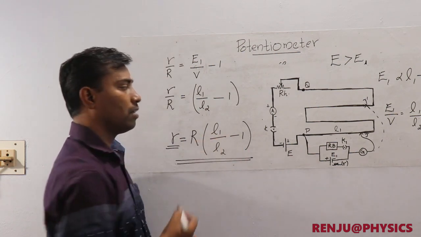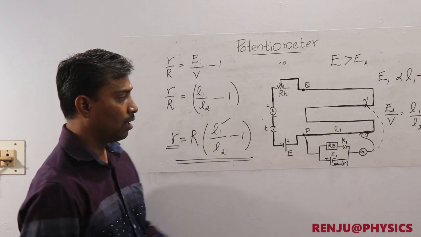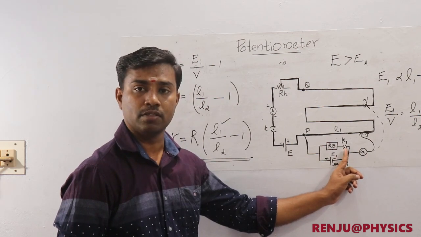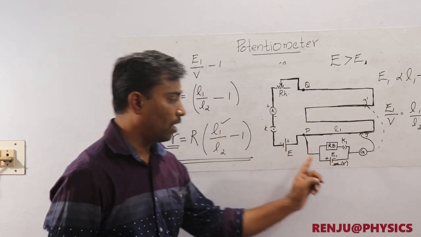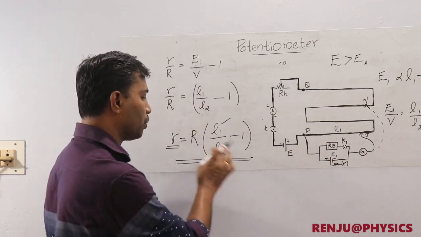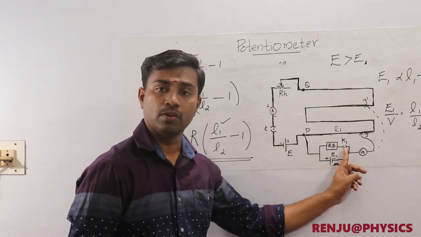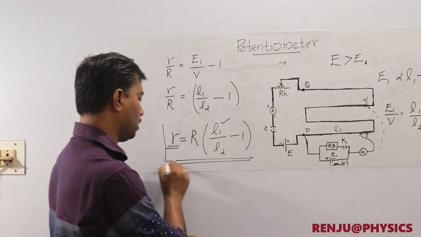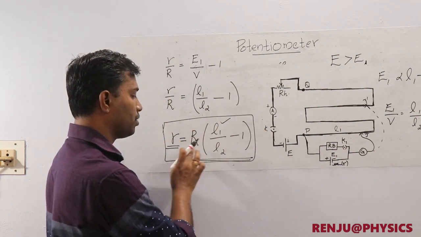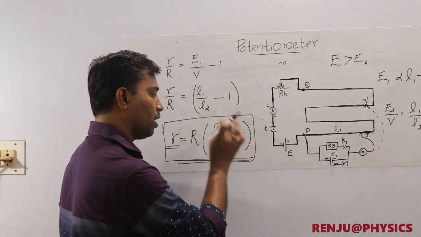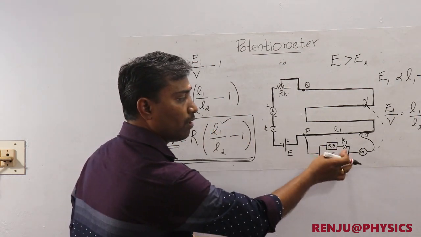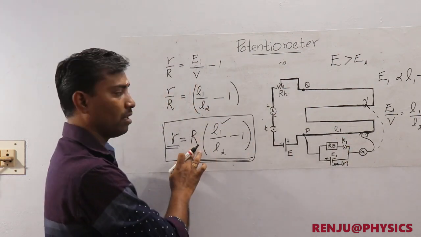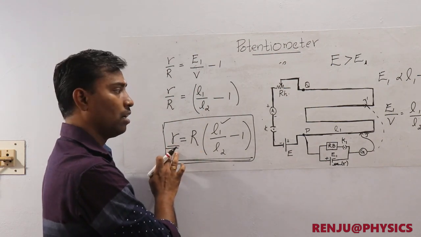So this is the equation for finding the internal resistance of a cell. L1 is the balancing length without introducing the resistance box, when K1 is open, and L2 is the balancing length when K1 is closed, that is, for the terminal potential. r is equal to R into L1 by L2 minus 1, where capital R is the external resistance and r is the internal resistance.